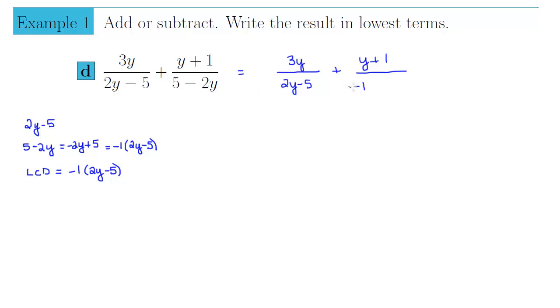So 5 minus 2y is equivalent to negative 1 times 2y minus 5. And if we want to make this our least common denominator, we want to change both of these to have the least common denominator. So we want to rewrite these so that they're on top of negative 1 times 2y minus 5.